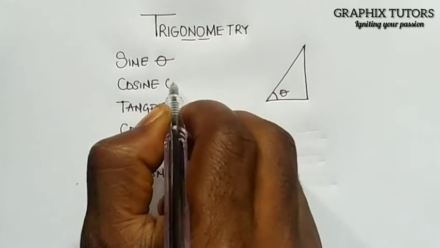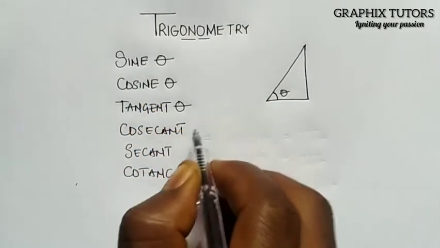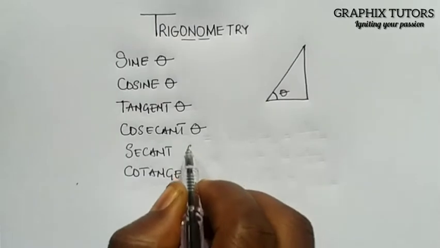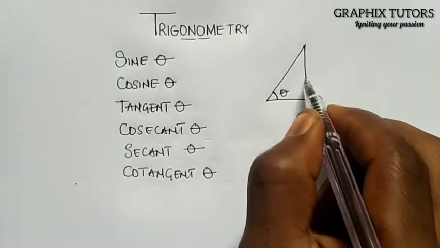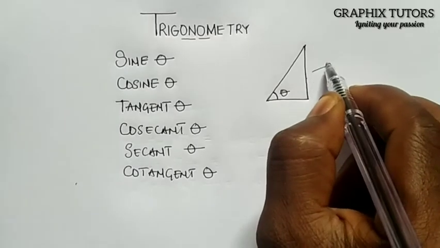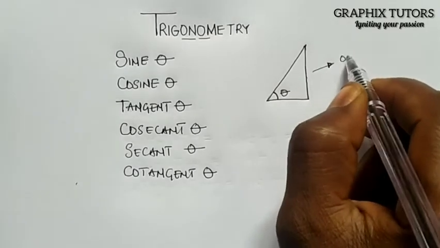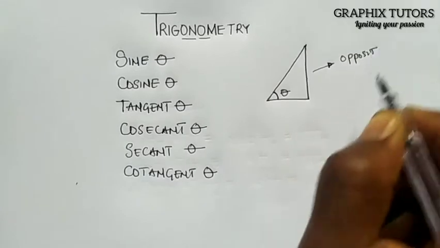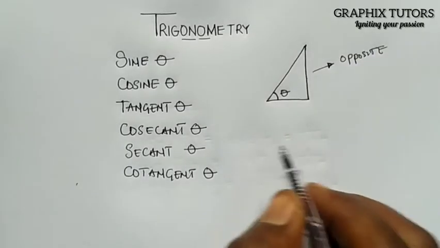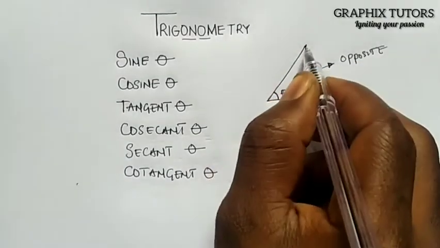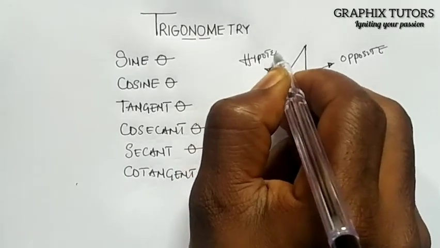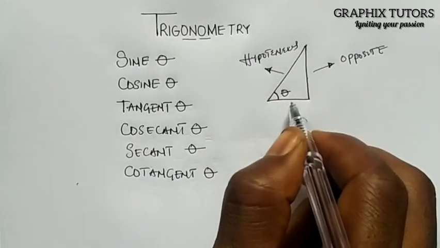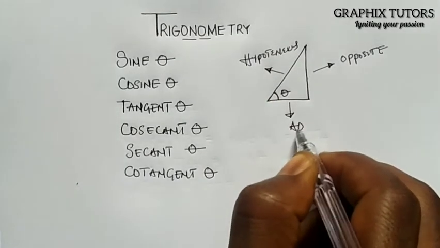So sine theta, cosine theta, tan theta, cosec theta, sec theta, and cot theta. Now, if my angle is facing here, this will be my opposite. And this will be the inclined part of the triangle. This inclined part is always giving us our hypotenuse. Right?